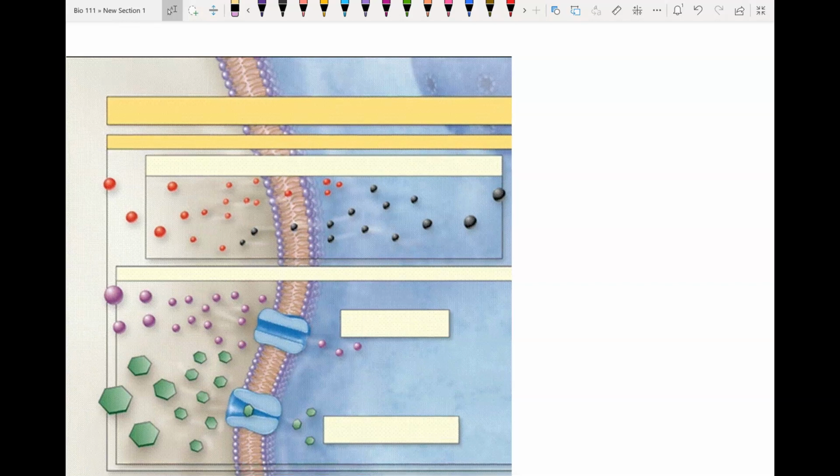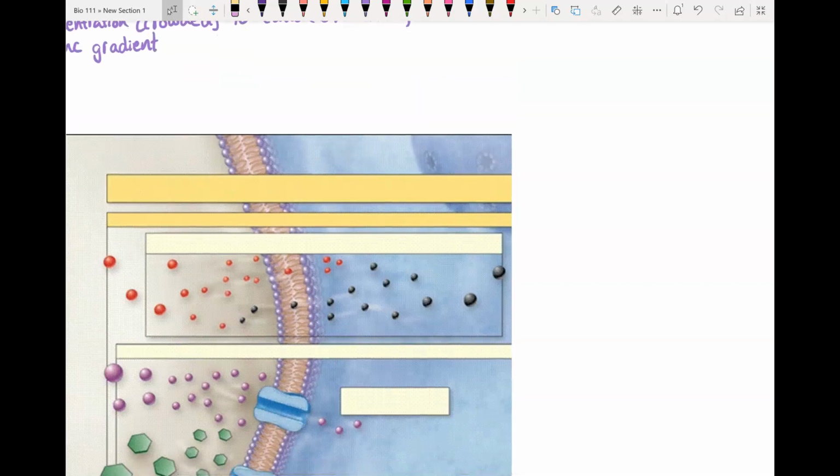So let's label some things to begin with. Here is your membrane. There's those phospholipids that form the membrane. This area is your tissue fluid or interstitial fluid. So this is the outside of the cell.